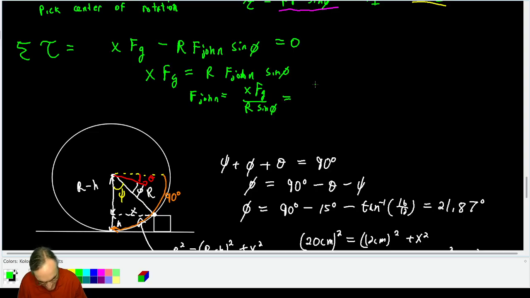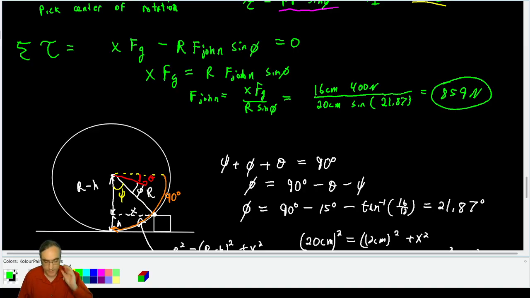We get, let me see, x was 16 centimeters times 400 newtons divided by 20 centimeters sine of 21.87. 16 times 400 divided by 20 divided by sine of 21.87 is 859 newtons. So roughly 860 newtons.